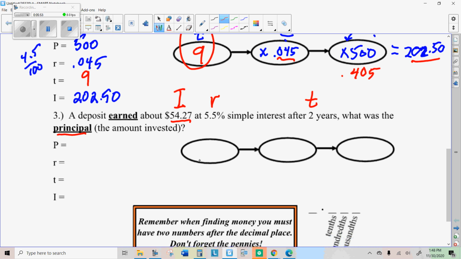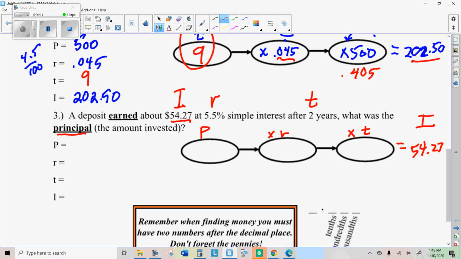So if I take my principal times my rate times my time, that will equal my interest, which is 54.27. Now working backwards, let's fill in these numbers.